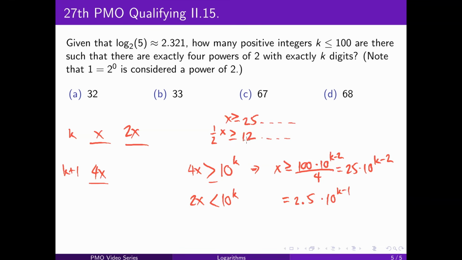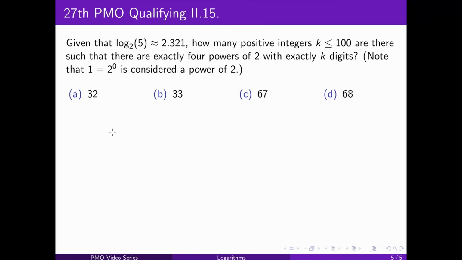And you note that 1/2 x still has the same number of digits as x, which means that over here, 1/2 x would still have k digits. So this row wouldn't actually have only 2 powers of 2. Okay, so it's not possible for a row to have only 2 powers of 2, because you'll still be able to divide by 2 and get another one in that row.